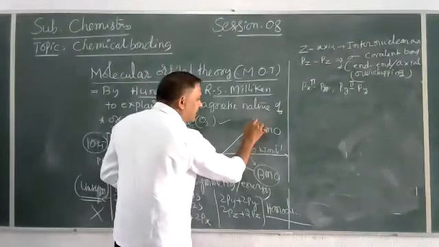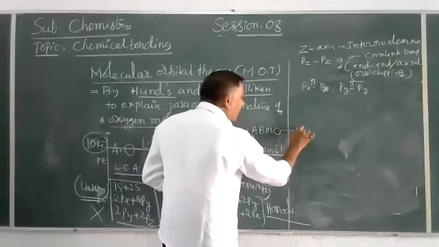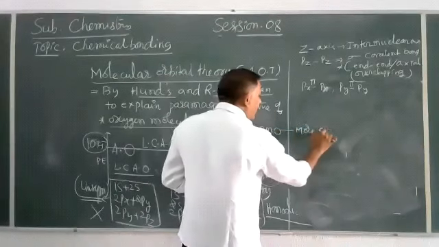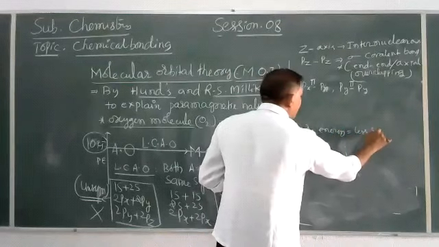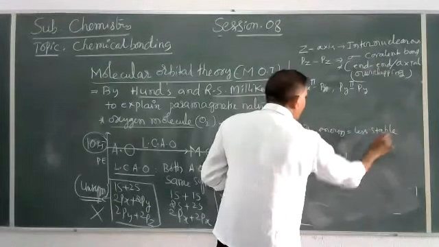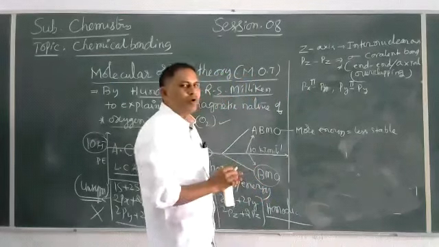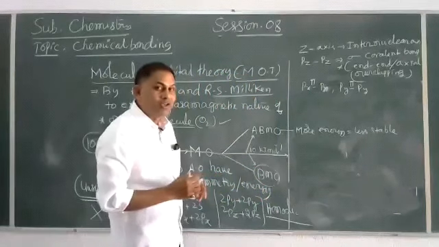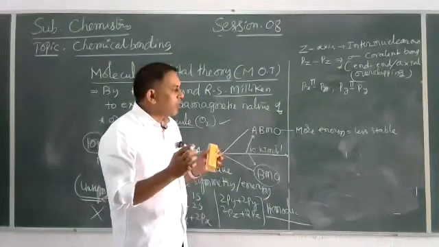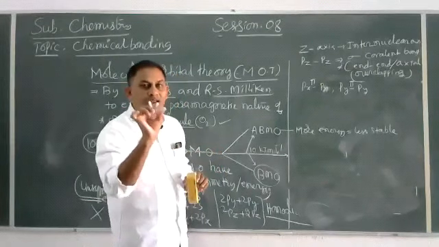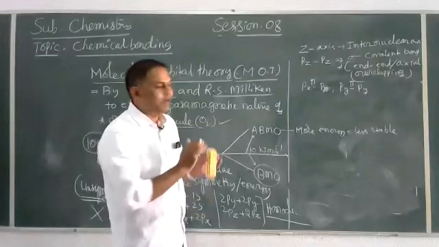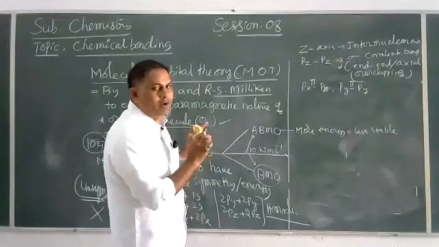More energy means they are less stable. Less stable means that in anti-bonding molecular orbitals the electron density between the nuclei is very, very less. I will explain how this less electron density exists.